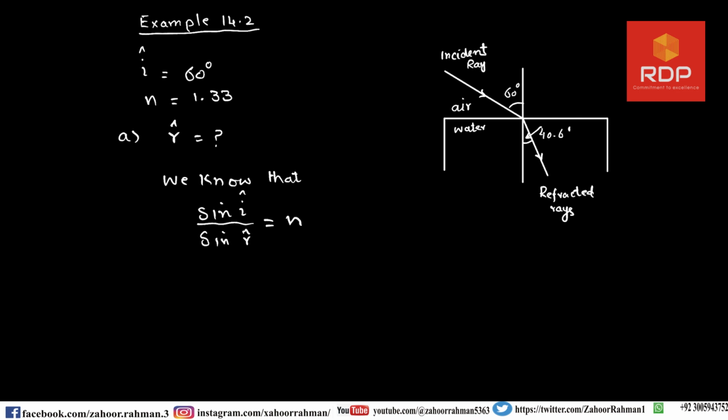But if a light ray is entering from a denser medium, in this case water, to a rarer medium, in this case air, then we will use this formula, sine I divided by sine R is equal to 1 over n.